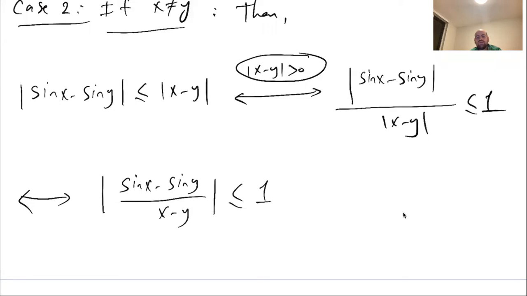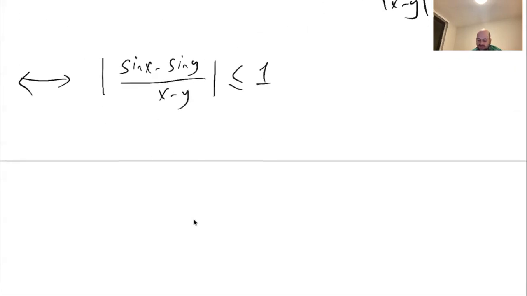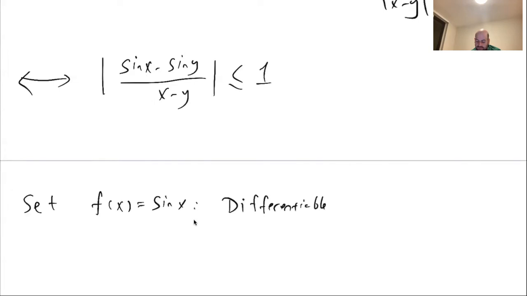Okay. So now see, this is an expression that I was talking about, f of x minus f of y over x minus y. So now set f of x equals sine x, which is differentiable and continuous everywhere.